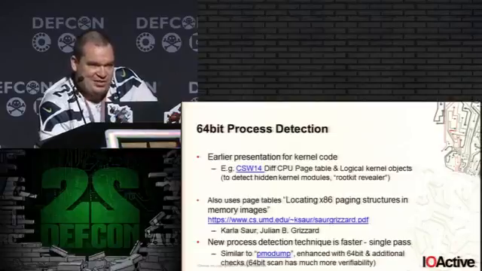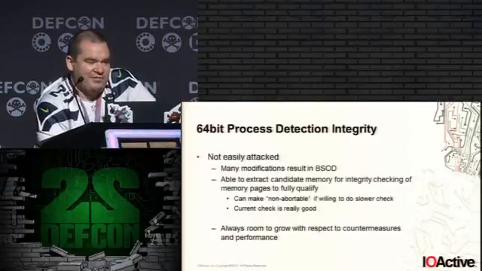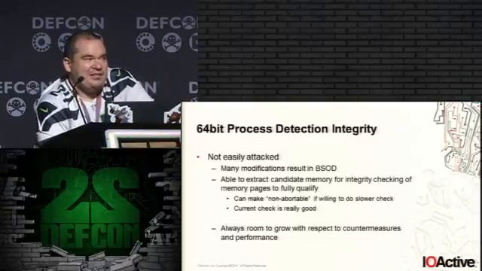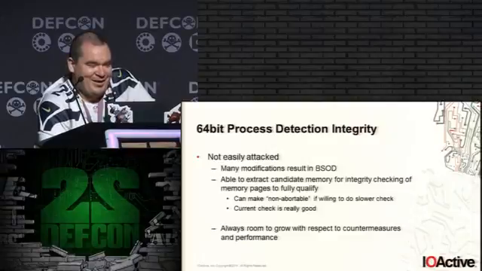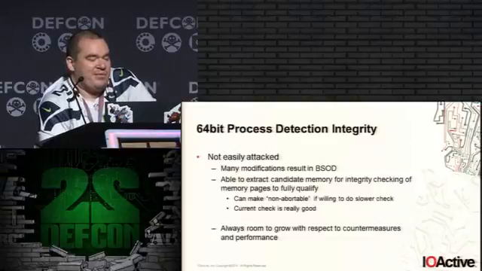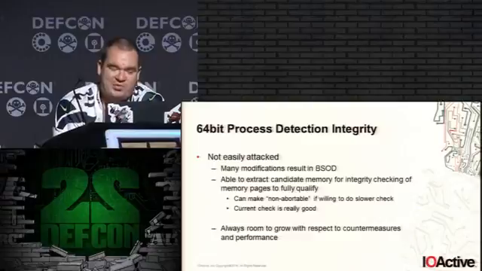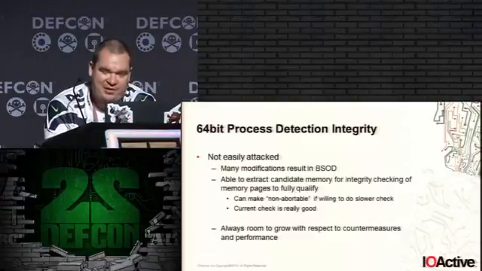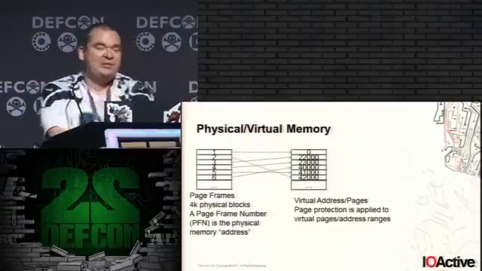So please go to 64, use a hypervisor, high assurance, you found everything. This technique that I'm going to be showing here in one more slide, the integrity of it: how easy is it to attack this thing? Well, can I make it non-abortable? Yes, I can. The current check is really good. And I would appreciate anybody coming to me with some updates or anything else.